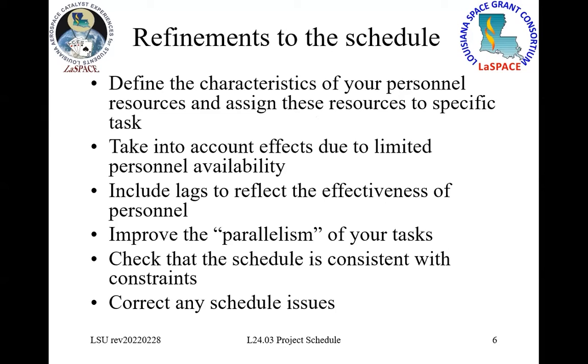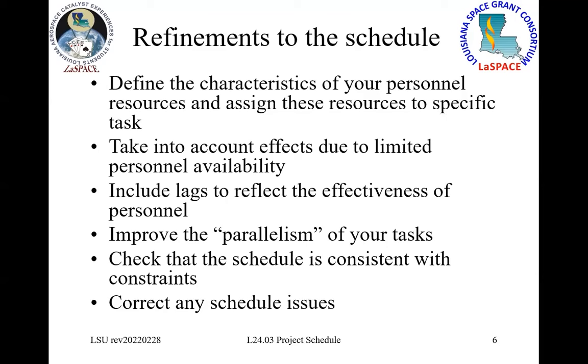So once you produce your initial schedule in your project, you now want to put in your personnel resources and assign these tasks to specific people. You need to take into account effects with limited personnel availability and try to improve the parallelism of your tasks.